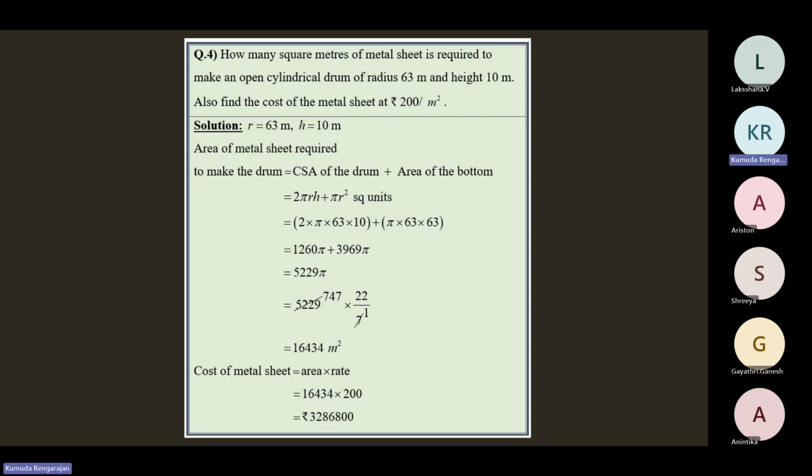It is used to make the CSA of the drum and the base, the bottom of the drum. But since the top is open, there is no material used on the top. You find area only if material is used there. If no material is used, then what area are you finding? So this is a cylindrical drum which is open at the top.